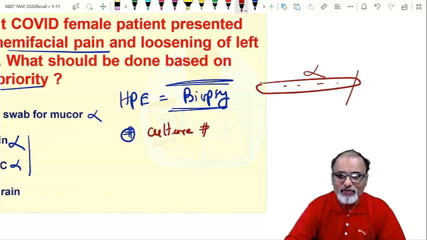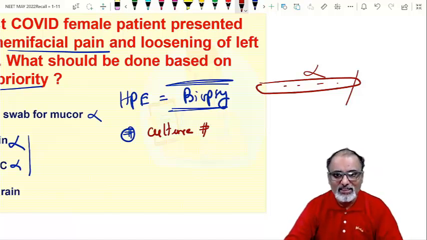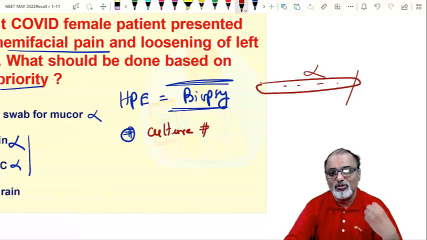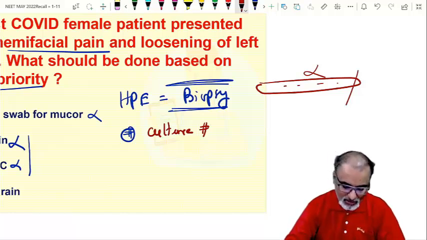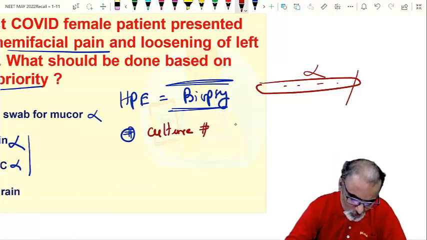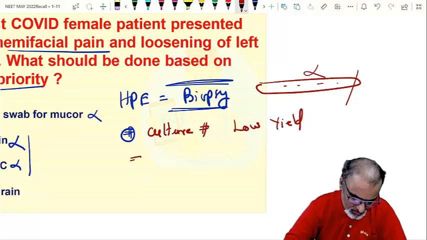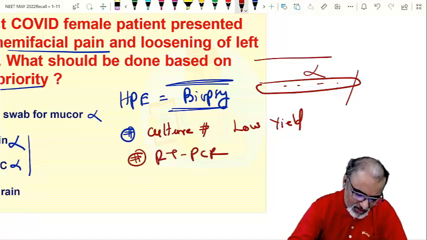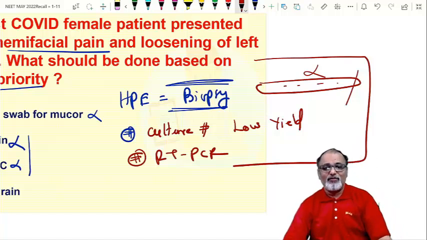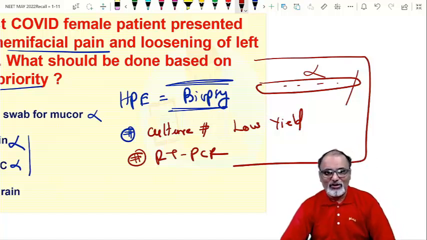If you are mincing or homogenizing, there are a lot of chances to lose the fungal filaments. So yield is low. Third is PCR. These three help for definitive diagnosis, but all three are not there.